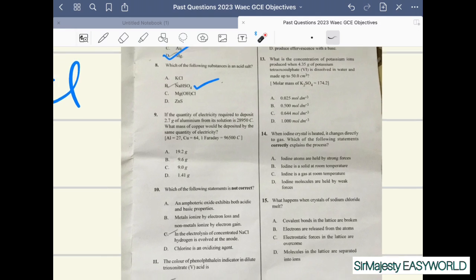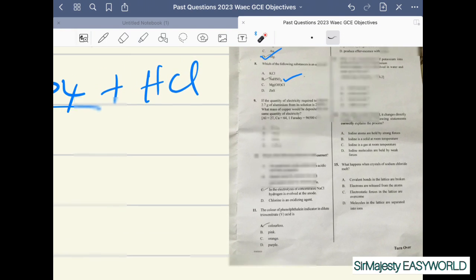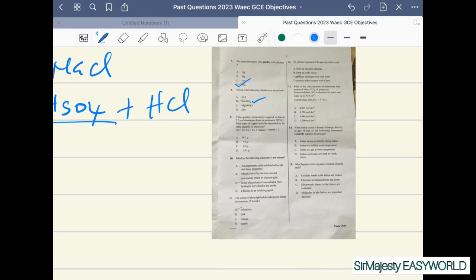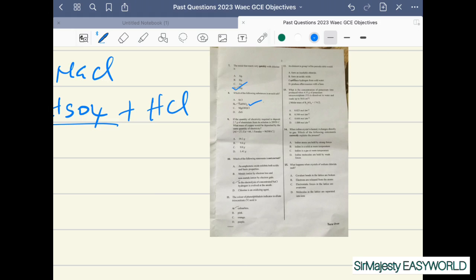What must you do here first? What you are required to do in this step for solving is to convert the gram of aluminium given to mole. So the mass given will be converted first to mole, and they gave us 2.7 grams of aluminium. So let's convert to mole using the formula n equals given mass over molar mass. n means mole.